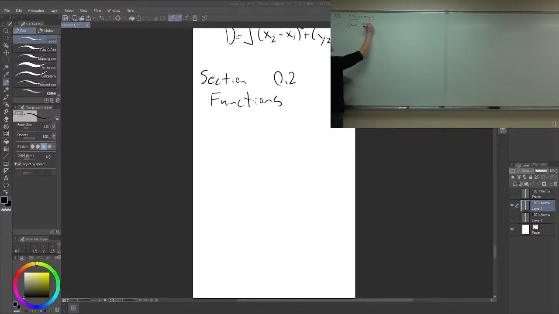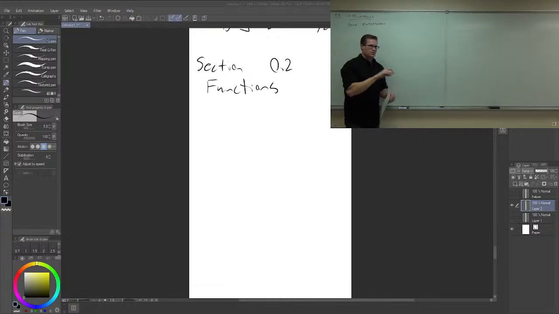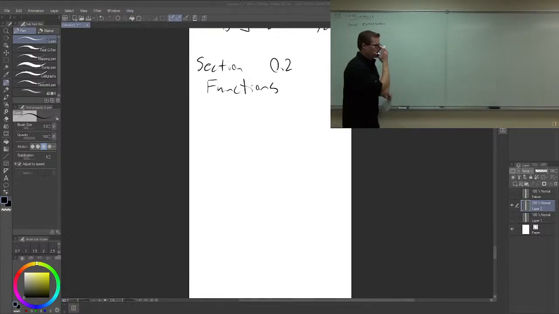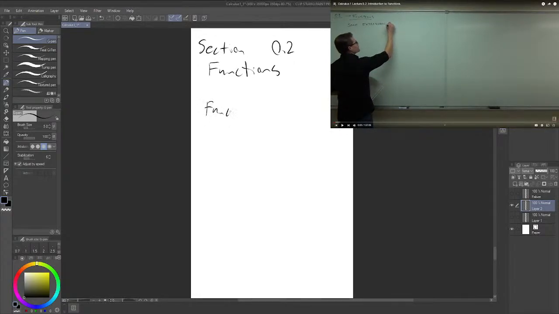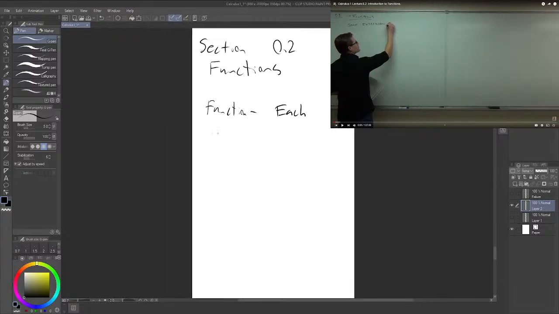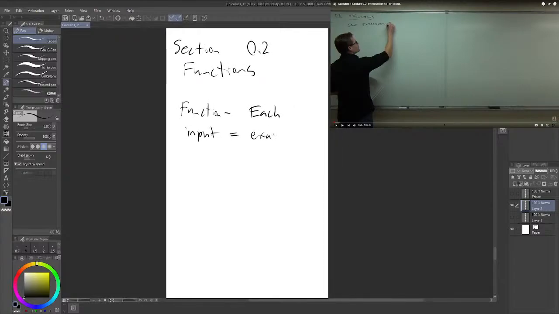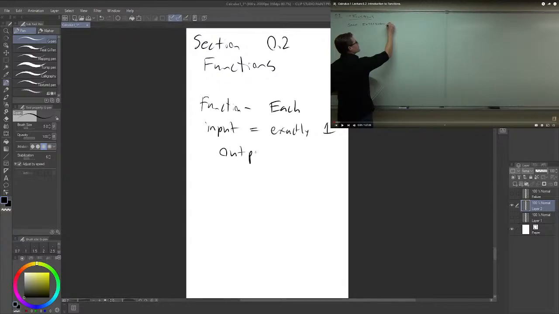So when we say a function, we mean some expression where each input determines exactly one unique output. Function: each input equals exactly one output.